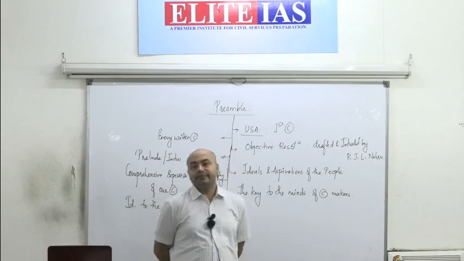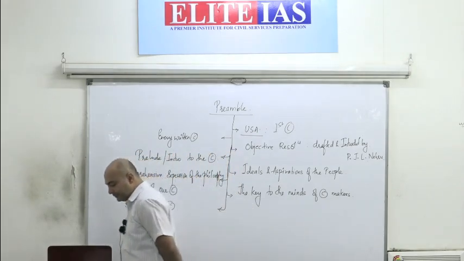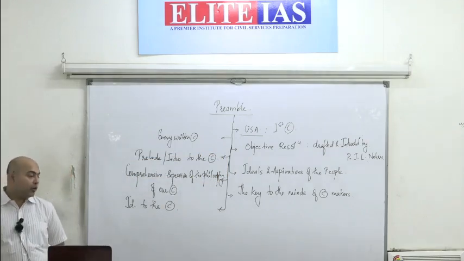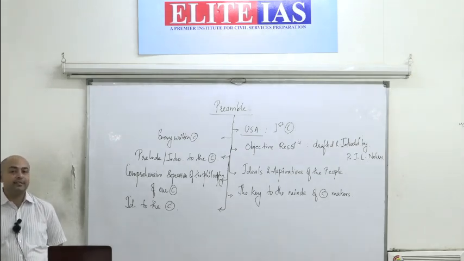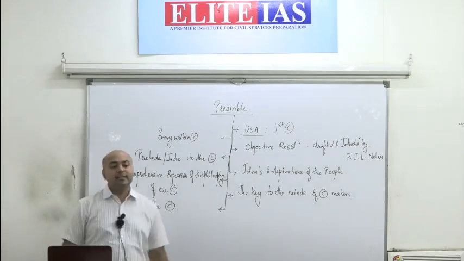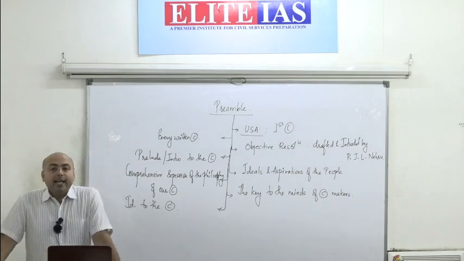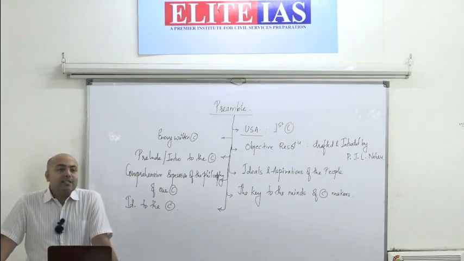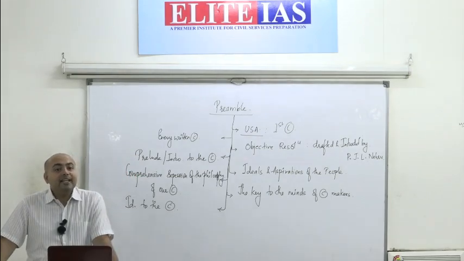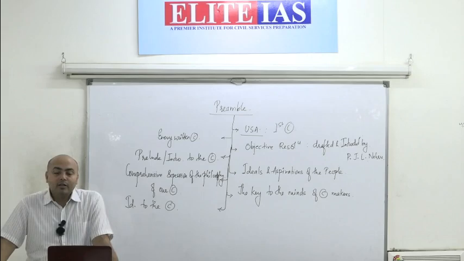What is meant by this? It is not binding on whom? It is not binding on citizens. It is not binding on the state. See, non-enforceable means that it cannot be used by the judiciary to give any individual any right or impose any duty on the state.